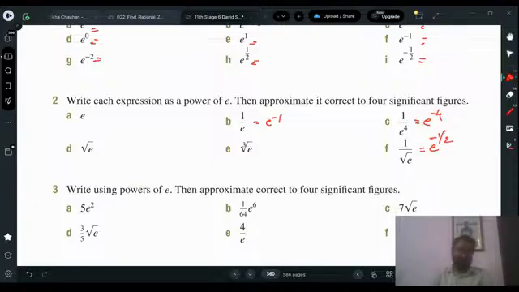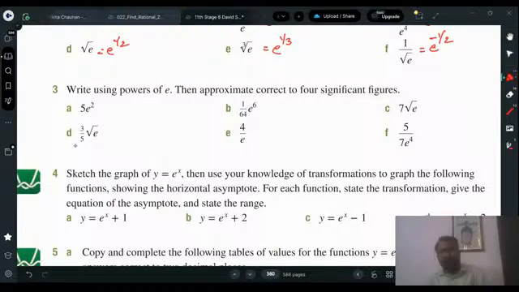Then 1 by e to the power of 1 by 2. So write using powers of e, and approximate to the correct significance the four values. You have to evaluate the values simply using calculators and try to get the answers.